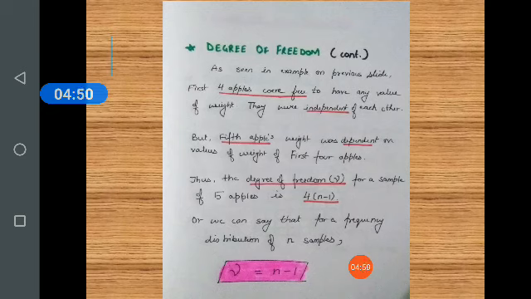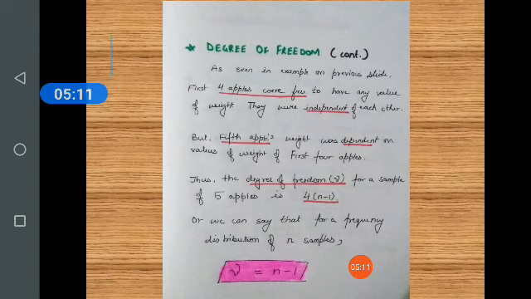So we can say that the first 4 apples are free or independent to take up any value, but the value of the fifth apple is dependent upon the other four. That is why the degree of freedom in this case will be 4.